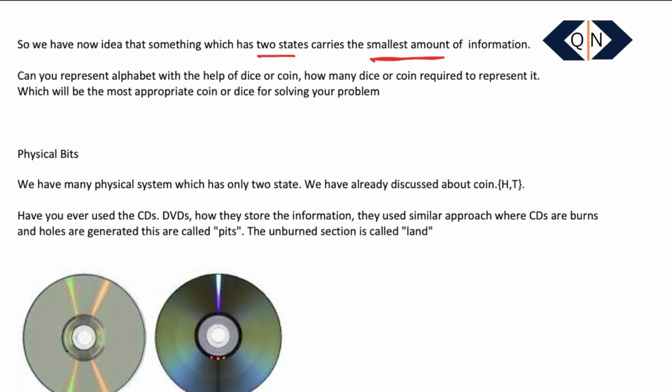Means we have a coin which has two states, head and tail, and through which we can only define two items. There we were defining black and white. Okay, so one question to you. Can you represent the alphabet with the help of dice or coin? There are 26 alphabets.